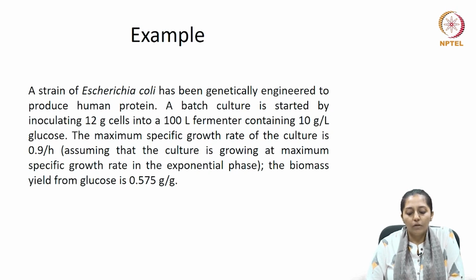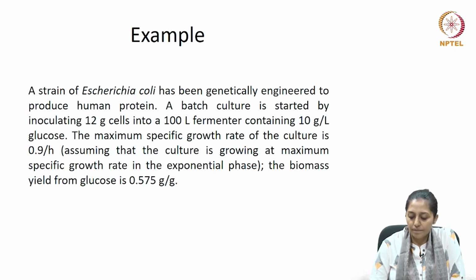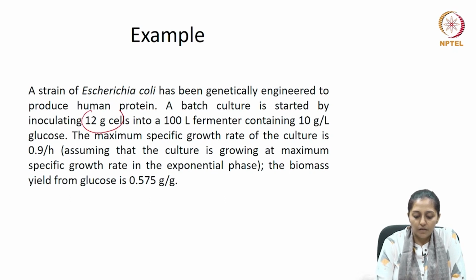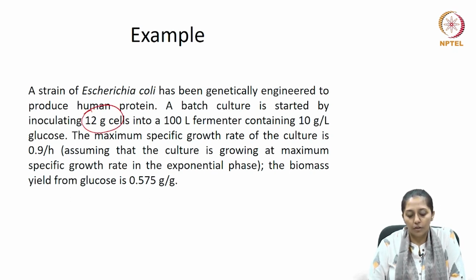A strain of E. coli has been genetically engineered to produce human proteins. A batch culture is started by inoculating 12 grams of cells into a 100-liter fermenter containing 10 grams per liter glucose. So, what all is given to us? They have given us the initial cells which have been inoculated, the starter cells, and the volume of the fermenter.